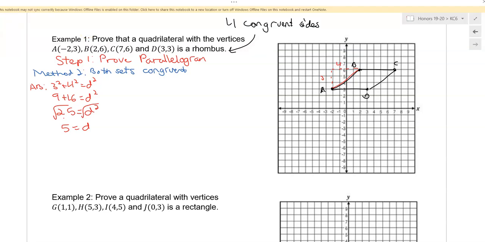Okay, so then I have to do the opposite side, C to D. Well, it goes down 3 over 4. Well, hey, look at that. 3 squared plus 4 squared equals D squared. These are congruent, but that's just my first set.